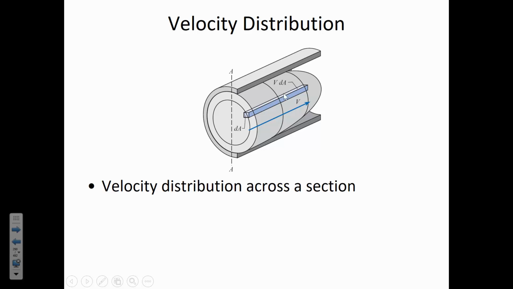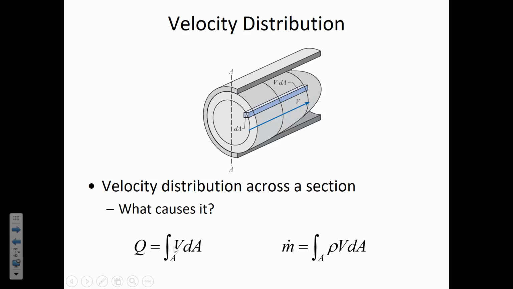So the idea of the flow rate, if we know the velocity at every point in a flow field, rather than just an average across the entire cross-section. If we know the velocity at a variety of different locations in the flow field, then we could integrate the velocity over an incremental area.